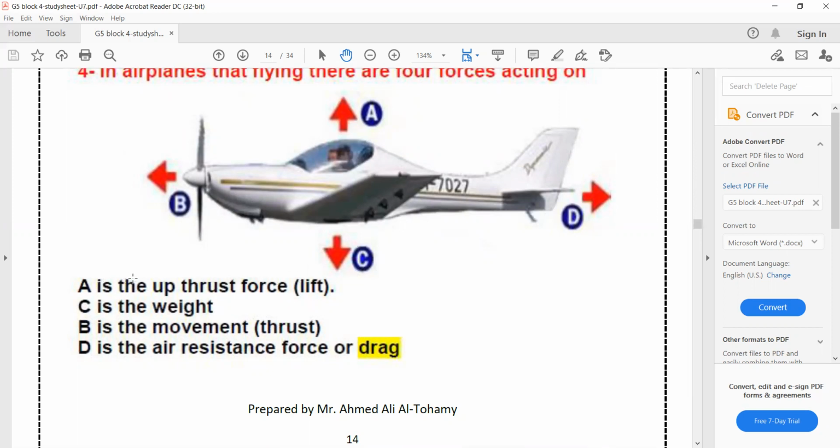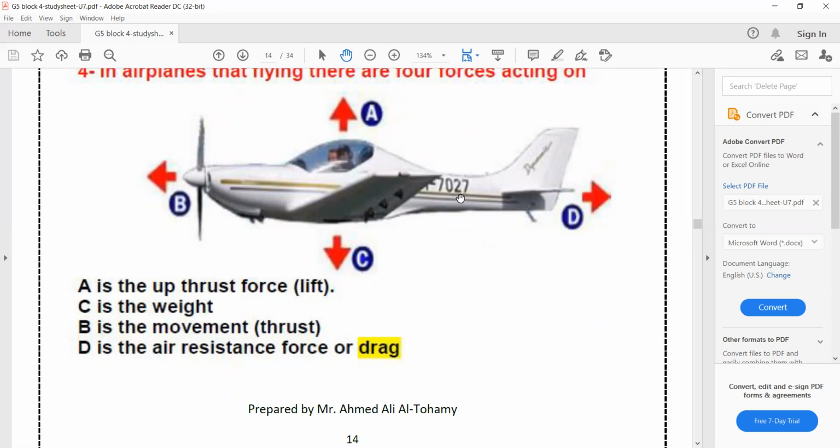A is the upthrust force, the lift force that makes the plane move upward, and C is the weight of the plane that pulls the plane downward.